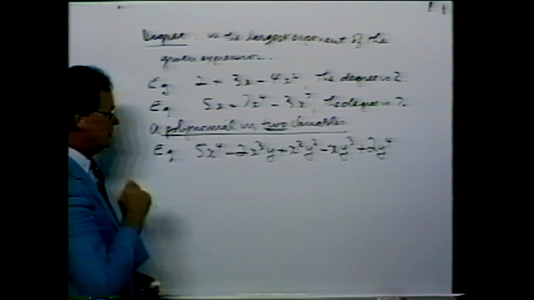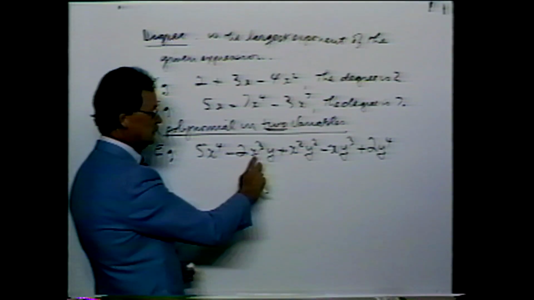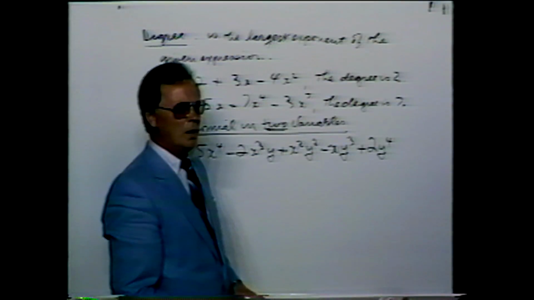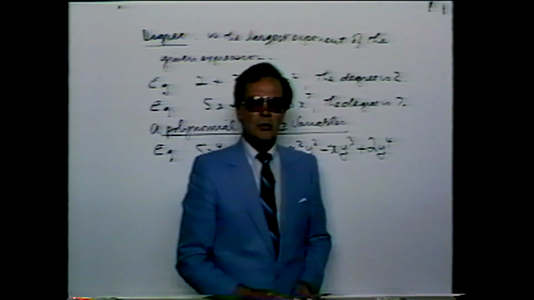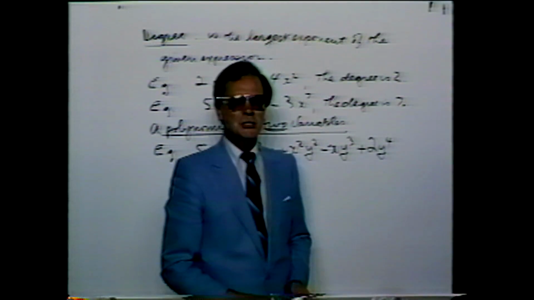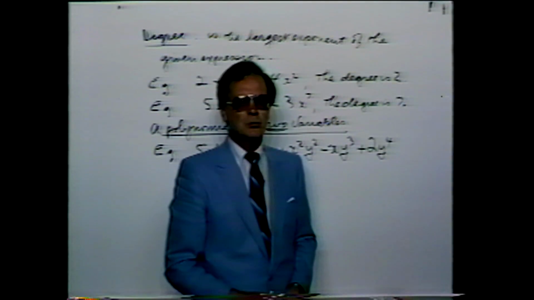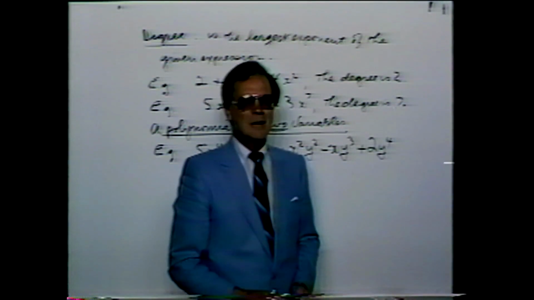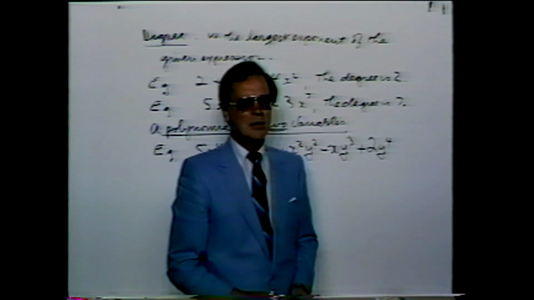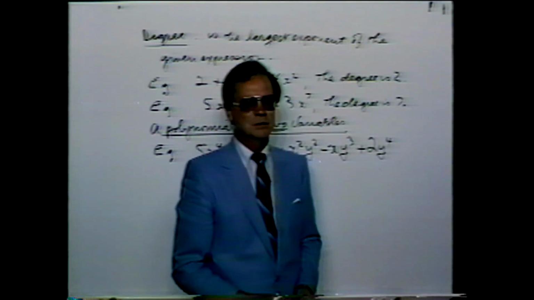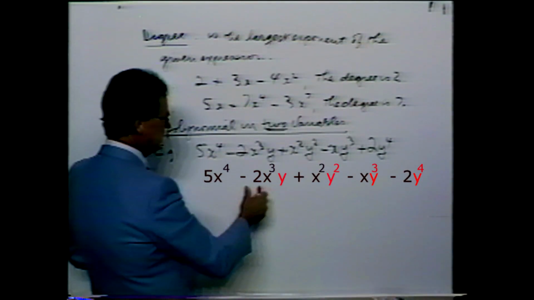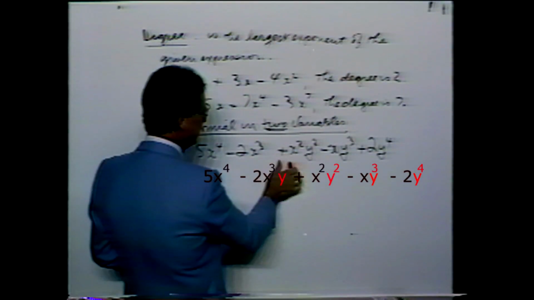Notice in this polynomial that we have two variables, x and y. Notice that if you ignore the y variable and imagine them removed from each term, the x variables are written in descending natural number order of powers, whereas if you imagine the x variables removed, the y variables occur in ascending natural number order of powers. And so we're going to emphasize this idea by using a different color here.